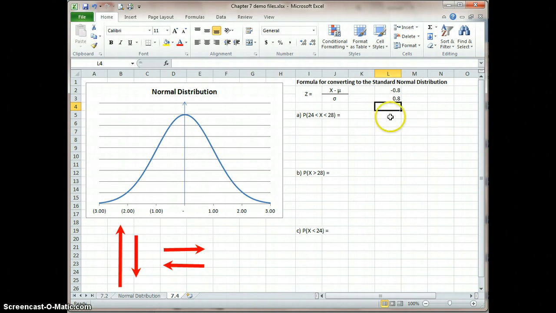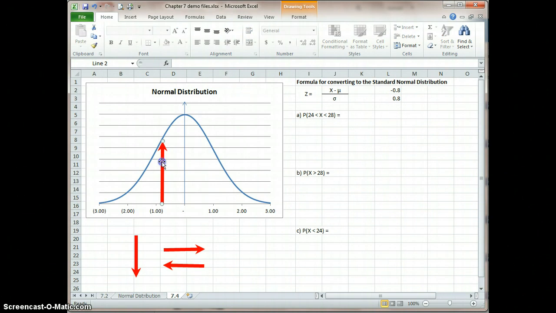Once you know that, it's important to put some arrows in and draw the picture, because that helps you understand what area you're really talking about. I'm going to drag one of these arrows down here. 0.8 is roughly here. I'll copy this, Control C, paste, and drag it over here.